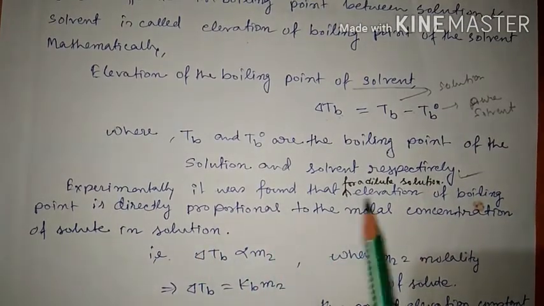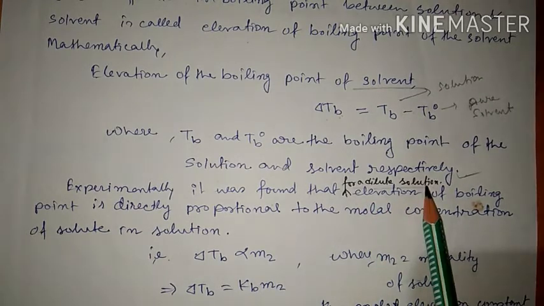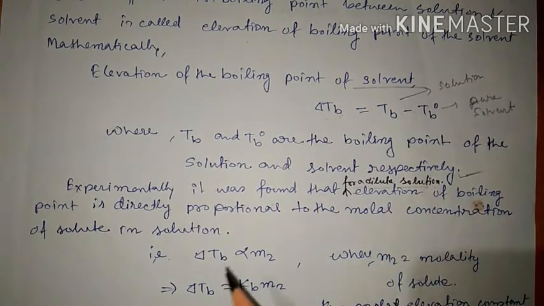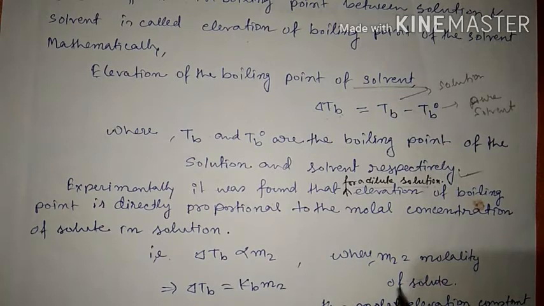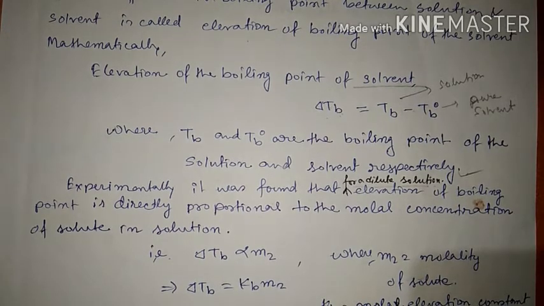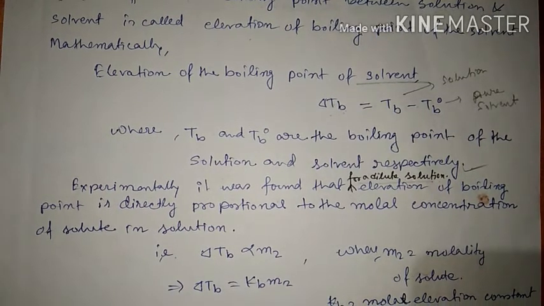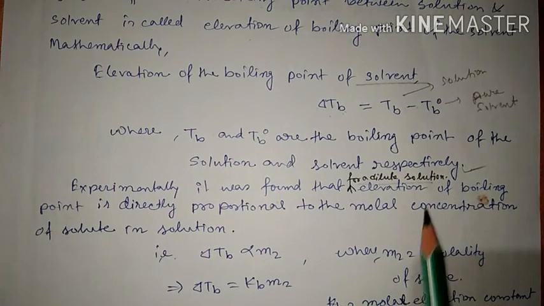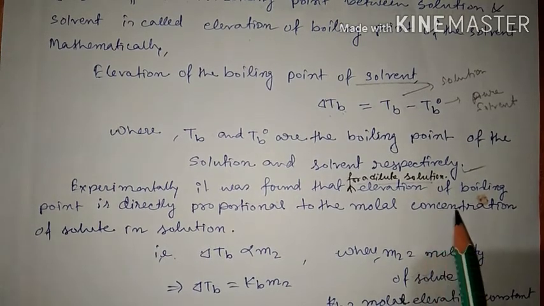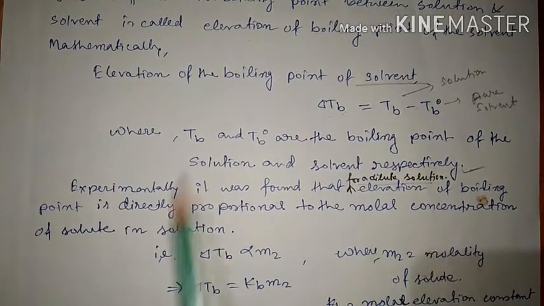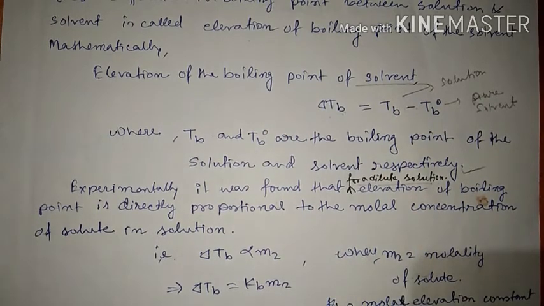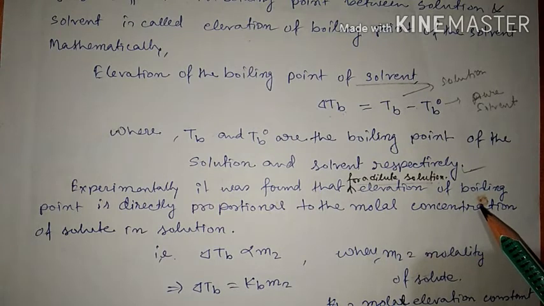It is found that for dilute solutions, remember, for dilute solutions. Now see, in the previous case also we were dealing with dilute solutions. Why? Because in dilute solutions the number of solute particles is very small, and we do not find any difficulty in describing the expressions or discussing the chemistry behind it.